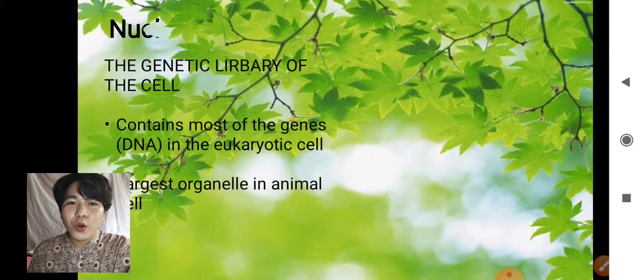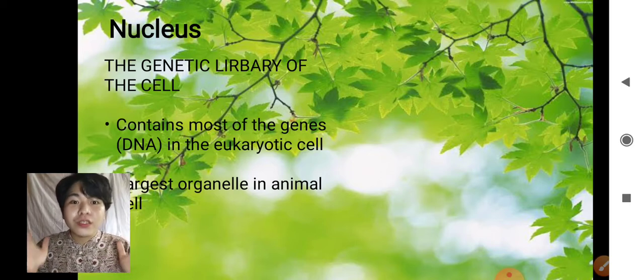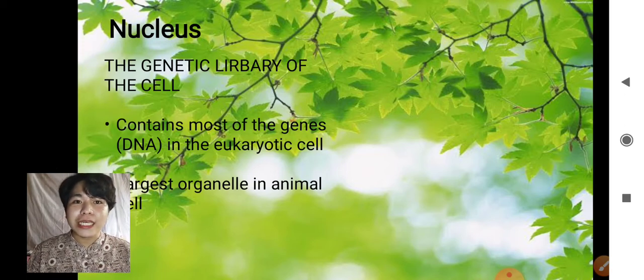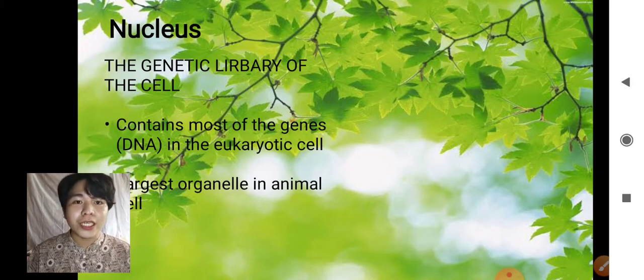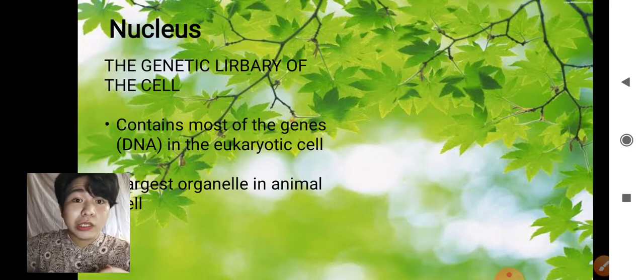So first, we have the nucleus. Of course, the nucleus can only be found in a eukaryotic cell. And inside the nucleus, it contains what? Nucleolus, which synthesizes ribosomes. The nucleus, in general, is the genetic library of the cell. Why do you think genetic library? Because it contains the what?